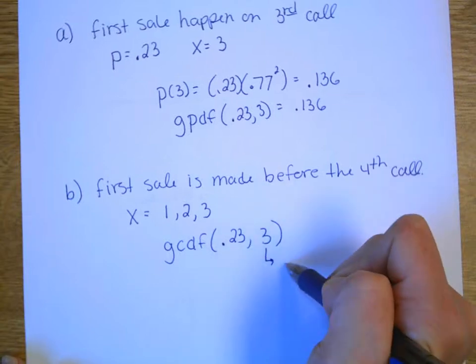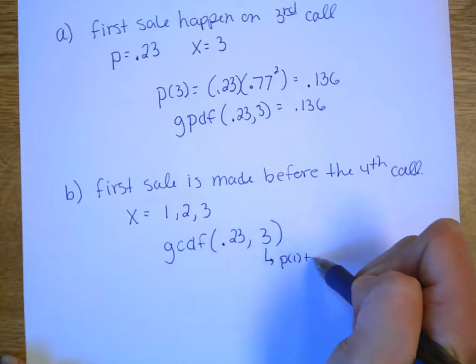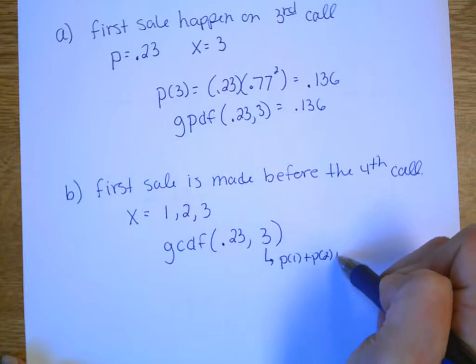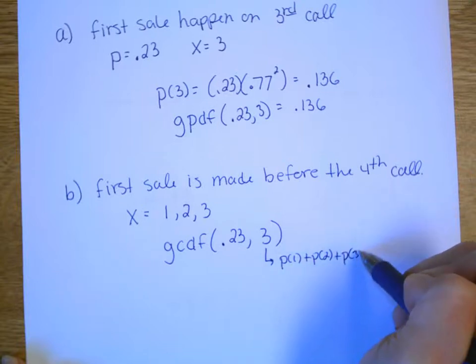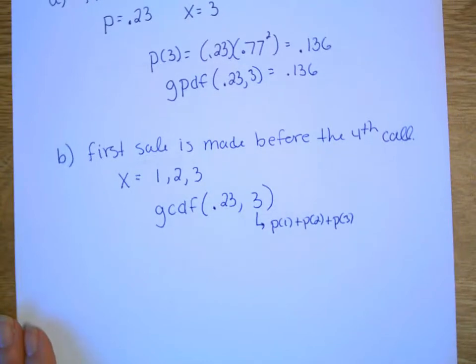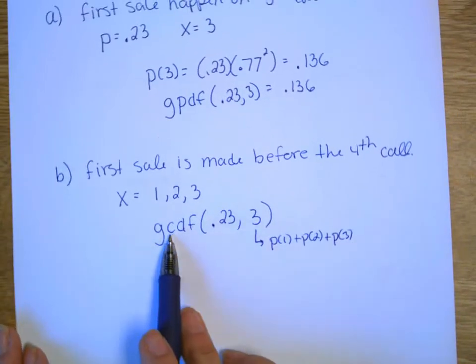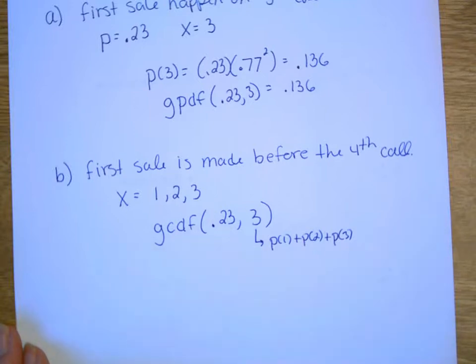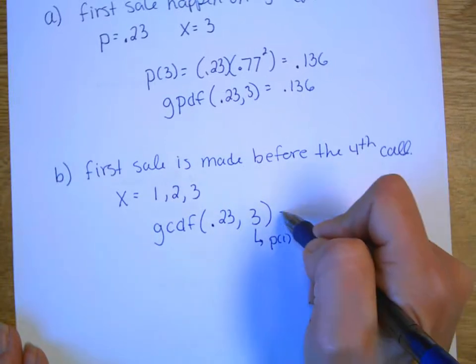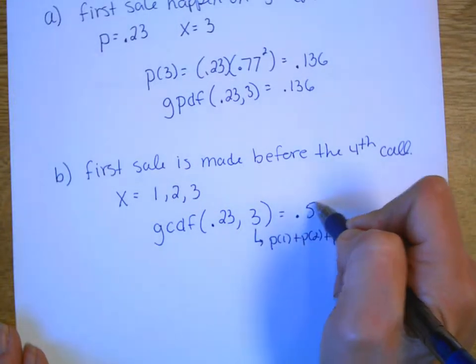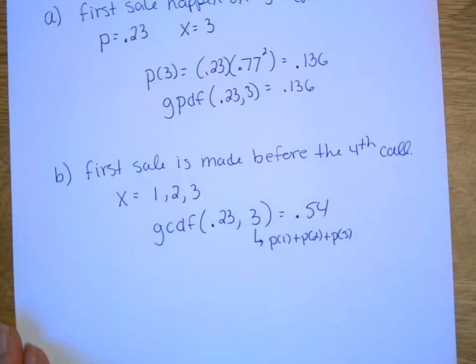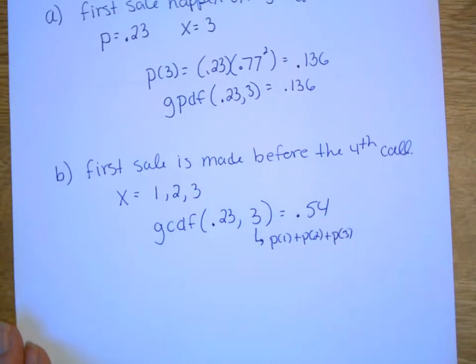So this will add P of 1 plus P of 2 plus P of 3. Oh, so the difference isn't in the numbers, it's in which program. CDF accumulates, it adds probabilities together. So it does a whole bunch of PDFs and adds them. Okay. And it's just built in. What chance? 0.54? Yeah. Pretty good chance.